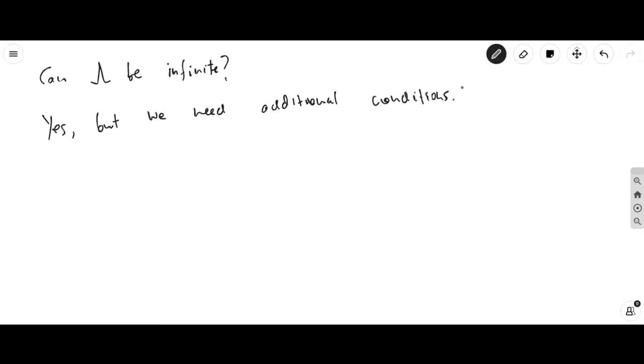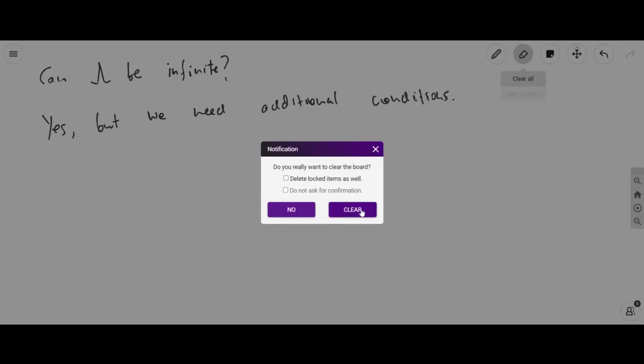I'm going to write down what those conditions are for the sake of completeness, so you get to see what that is. But it's not something that we really are going to use. It's just something that's nice to know in general. The purpose of these conditions is to remove certain pathological types of graphs that you do not want to treat as graphs. So let's write down what those conditions are.